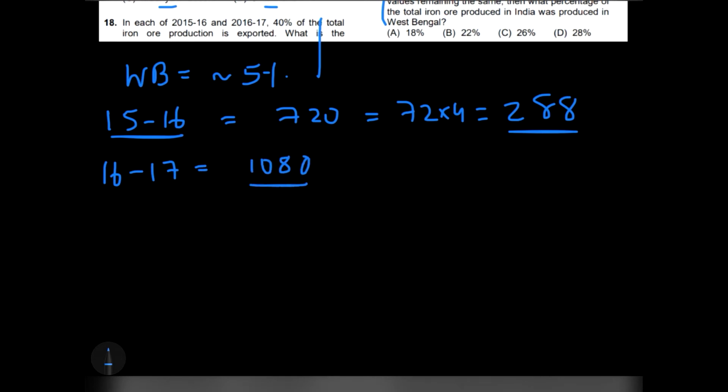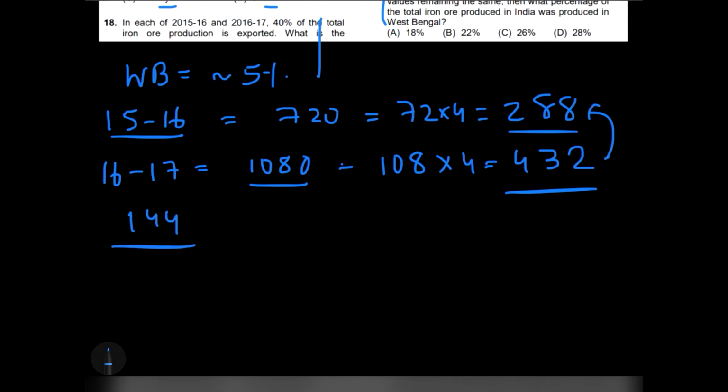1080, that is the total, and for here if I need the 40%, again I'll just take 108 and I'll multiply it with 4, which will fetch me 432. These are the two numbers. Now the percentage increase will be the difference between the two. So the difference between the two is 144, and this will be compared to the value I gained in 15-16.